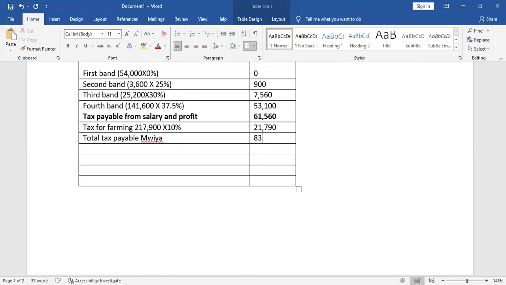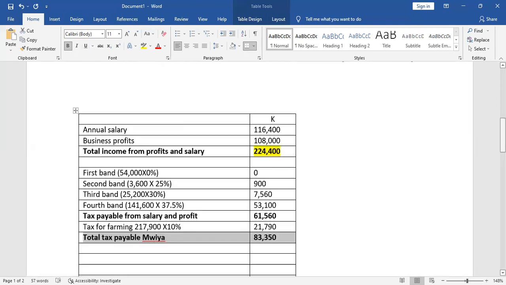That gives $83,350. That's the tax payable by Muya. So this is how this question should have been treated.